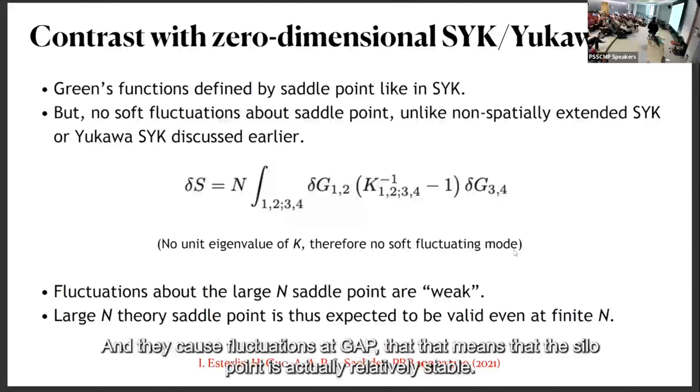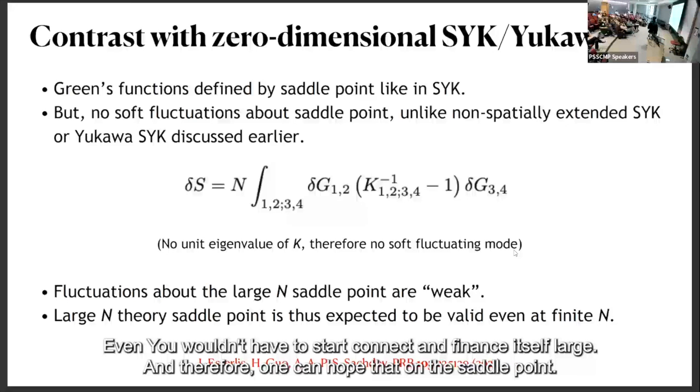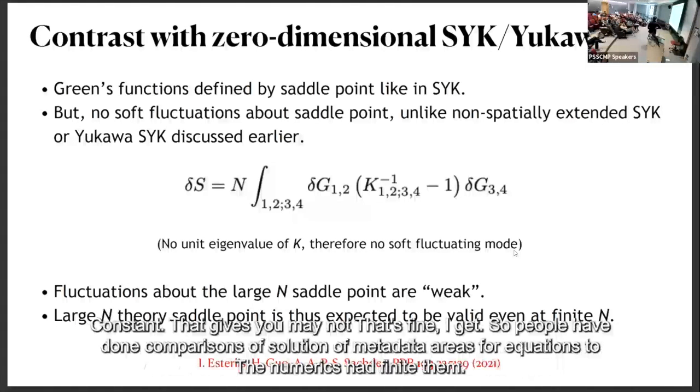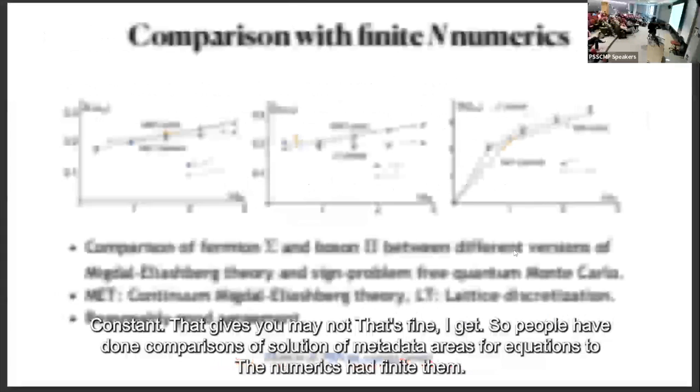So these fluctuations are always gapped out, and because fluctuations are gapped, that means that the saddle point is relatively stable, even as you start to make n finite instead of large. And therefore, one can hope that the saddle point that gives you Migdal-Eliashberg is even valid at finite n.